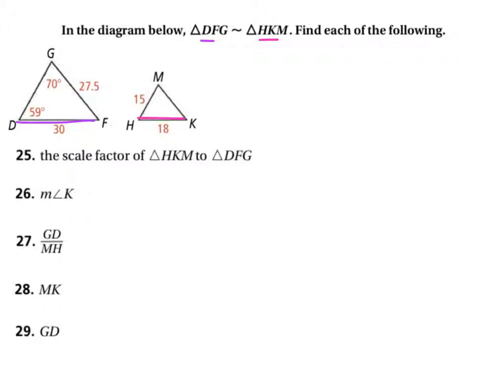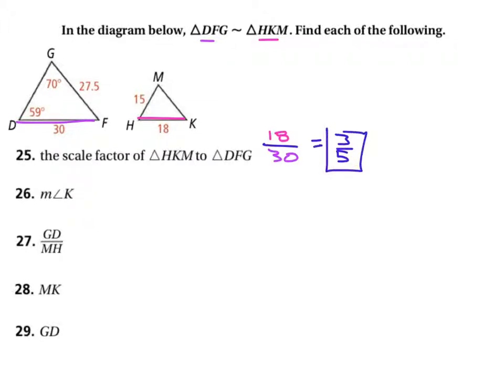So since we're going small to big, we're going to say 18 over 30. And of course we need to simplify it. We can divide top and bottom by 6, and we get a scale factor of 3 to 5. Okay?